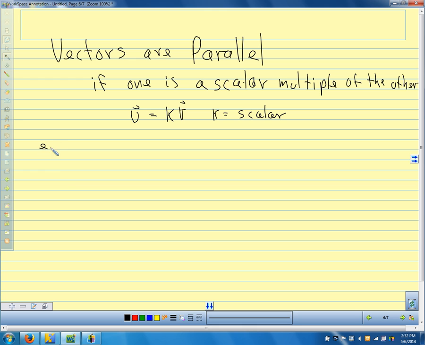So let's look at a quick example. Are these two vectors parallel? u equals <2, 6, 1> and v equals <10, 35>. Are those two parallel? Can we multiply one by some number and get the other one?